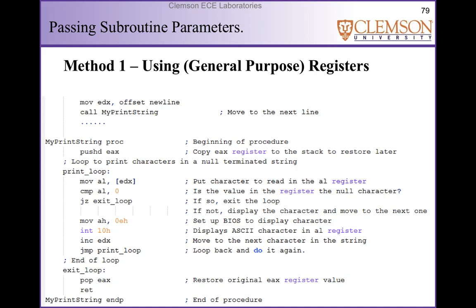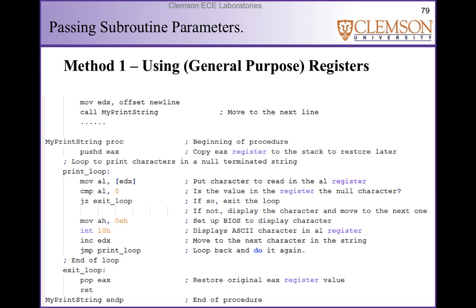A comment about the general purpose registers and how your compiler uses them to store parameters. By default, your GCC compiler uses the stack to pass parameters. That's by default.